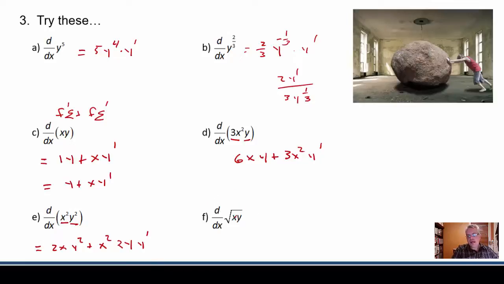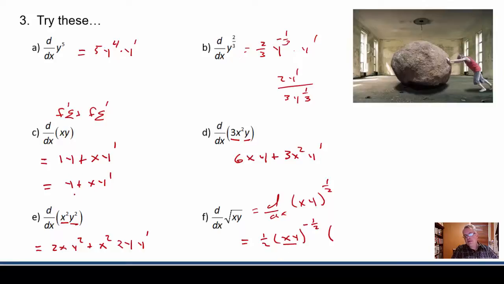All right, this last one's really kind of tricky. We can think of this as the derivative of xy to the 1/2. So it's a combination of the power rule and the product rule. So this would be 1/2 xy to the minus 1/2 times the derivative of the inside, the derivative of xy.